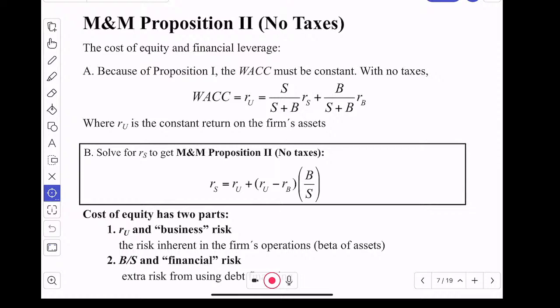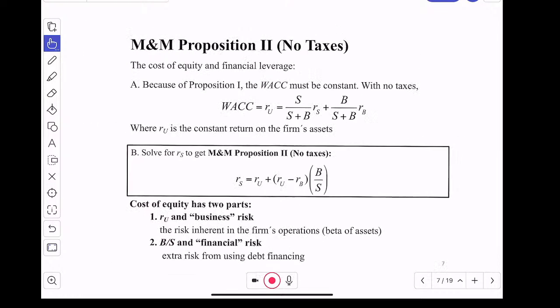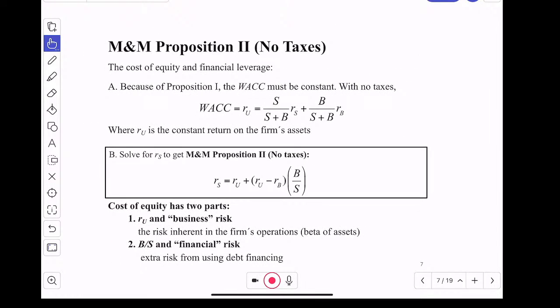All right, so the other side of our analysis has to do with the return to shareholders. I spent some time last class going through all the stakeholders that we're going to consider. In an unlevered firm, it's just the shareholders that are the owners.